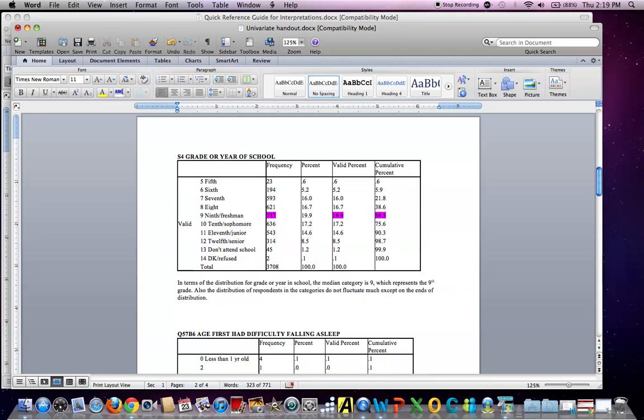Given that there are more students in the ninth grade than any other grade in the distribution.